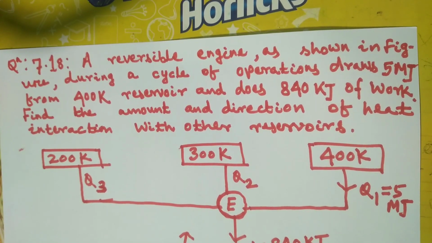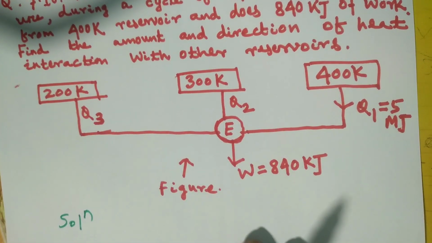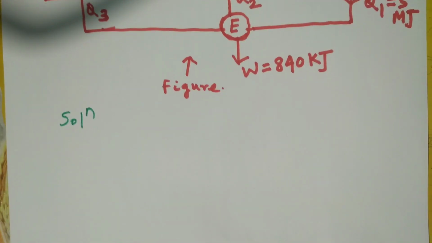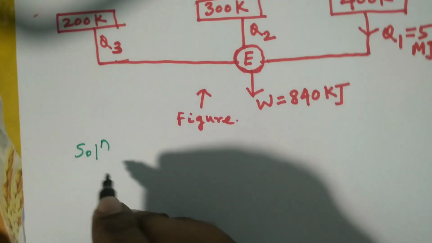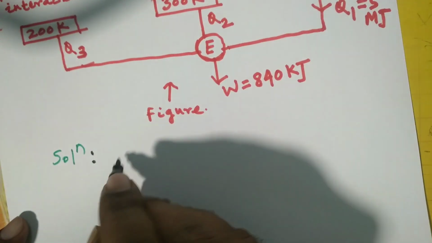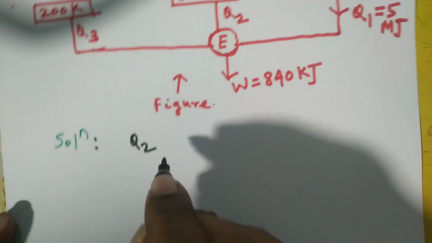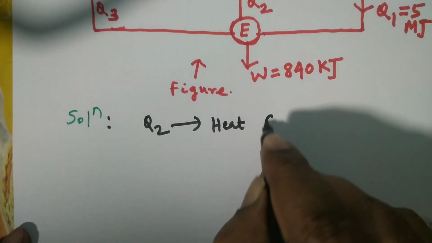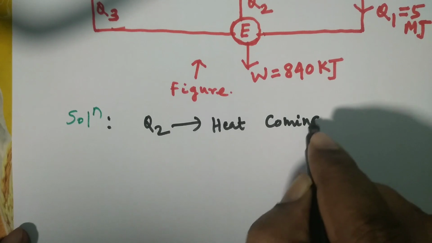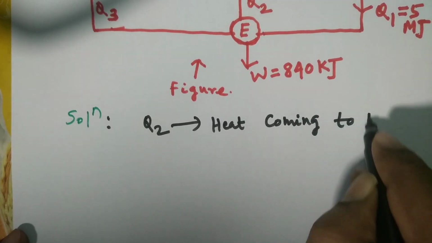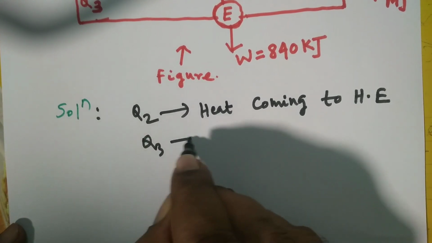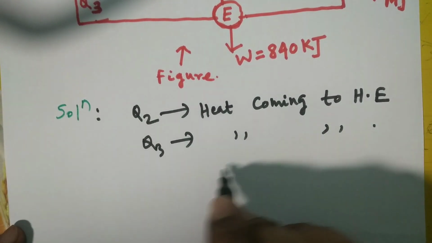So we will first assume the directions and later on we will check whether they are correct or not. Suppose we take Q2 as heat coming to the heat engine, and Q3 also heat coming to the heat engine.